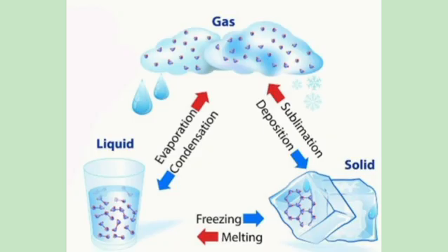Similarly, in liquid to gas, which is evaporation, we also give heat, so it turns into gas. And when the heat is not given and the water vapor touches cold surfaces, which means low temperature, it turns back to liquid. The same is the case for sublimation and deposition. So this was all about matter, the three states of matter, and how matter changes its states.